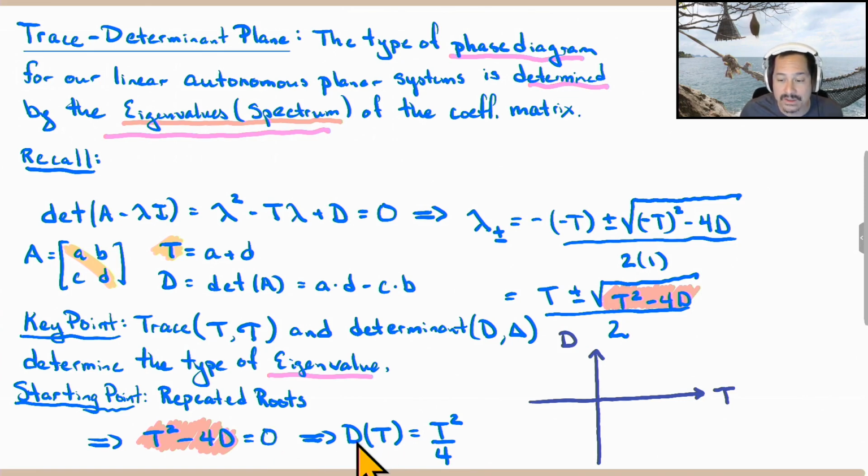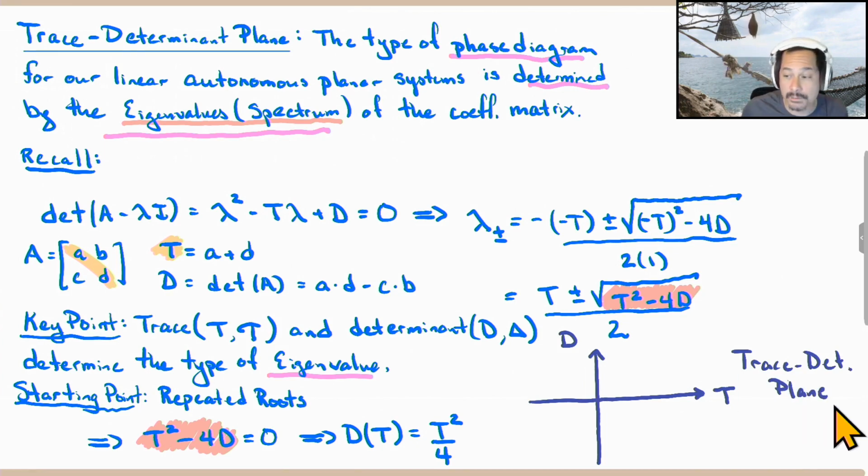I want to think about this relationship as a function, the determinant being a function of the trace. They're related. If I pick a trace, I'll get a determinant. And if I think about this now in the trace determinant plane, that's what we're drawing here. This is the trace determinant plane.